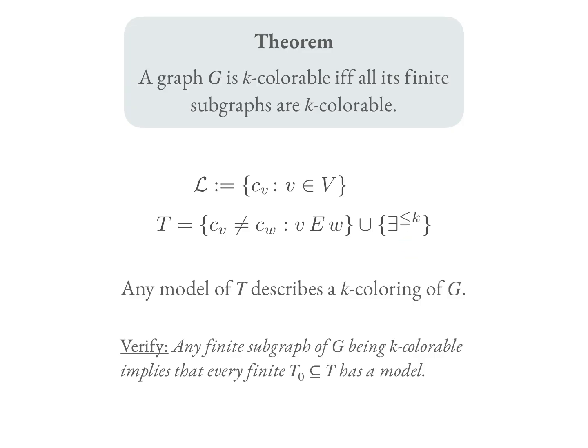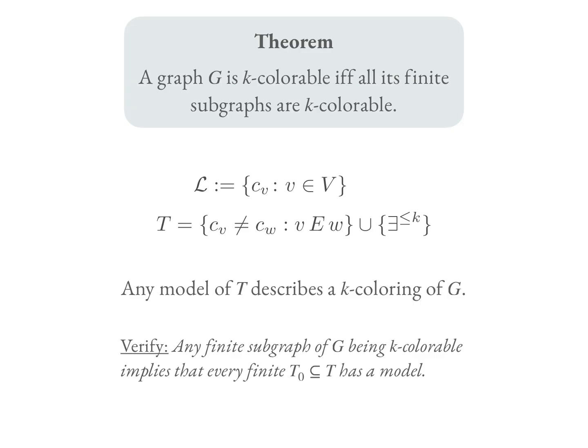So if you haven't seen these number formulas, you should think a little bit about it. How could you express that a structure has at most k many elements? It's not hard to do in a first order formula.